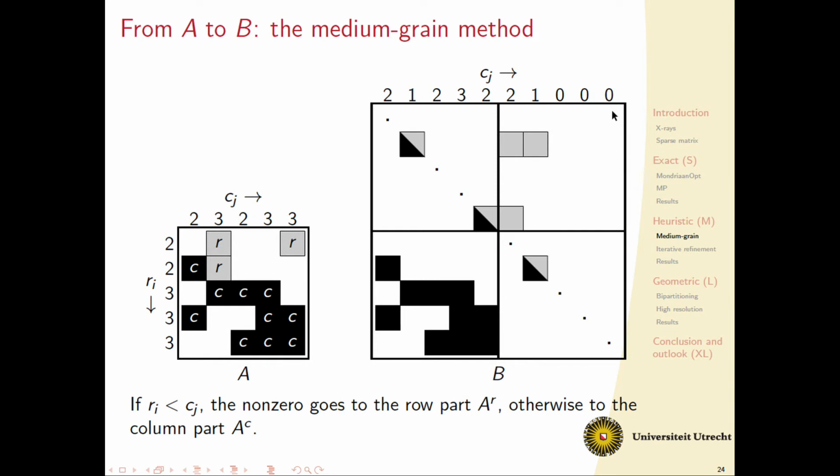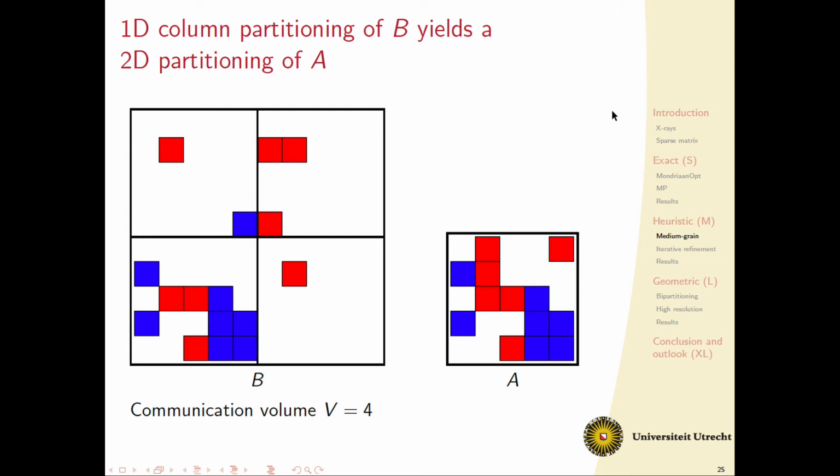And this matrix B, we give to a one-dimensional partitioner. We paint the columns of this matrix either red or blue. And then we can go home again and fold back into the matrix where we started, and we have a good partitioning.